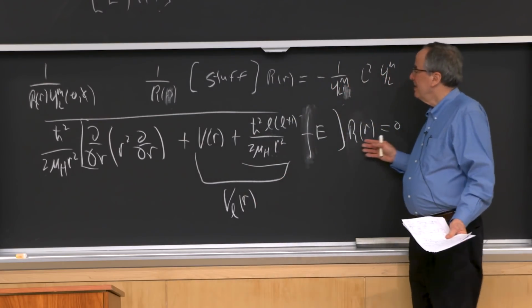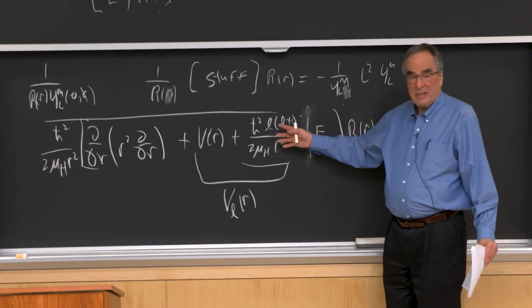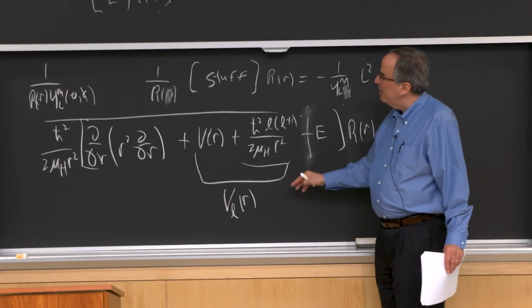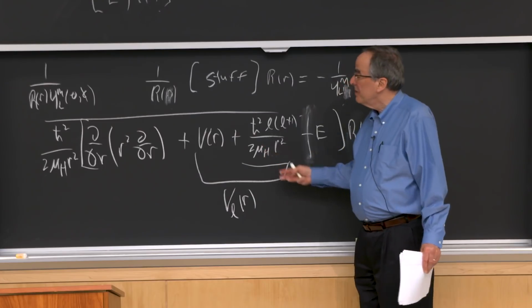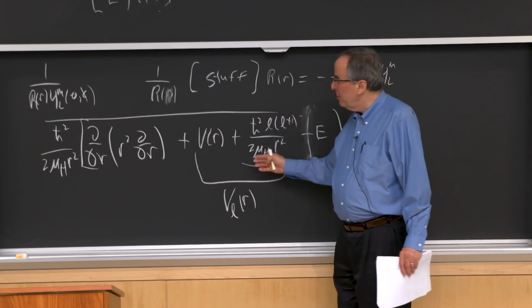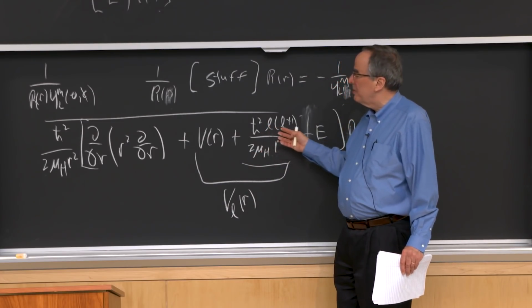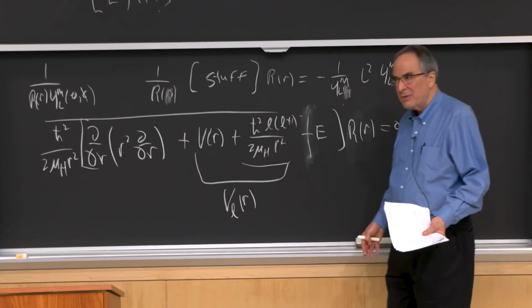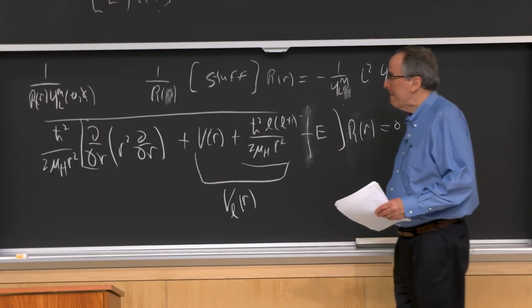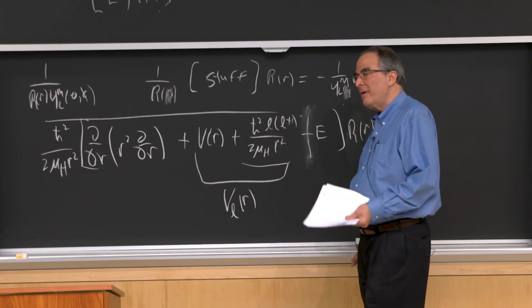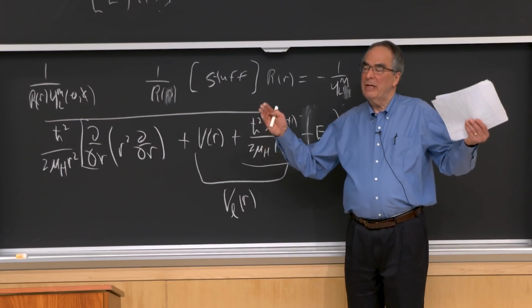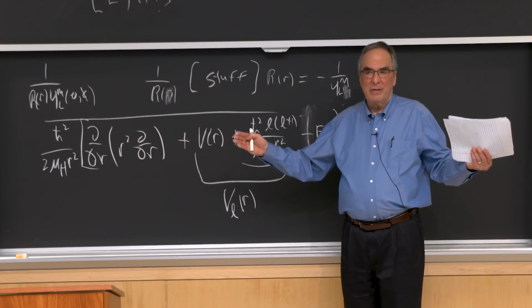But this is telling you a lot of really important stuff, because the value of L determines the importance of this thing that goes to infinity at r equals 0. And that has very significant consequences as far as which orbital angular momentum states we're dealing with.